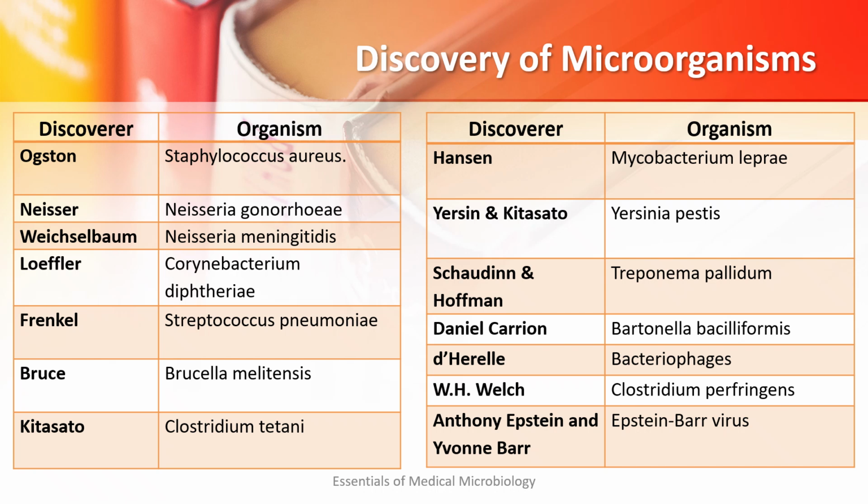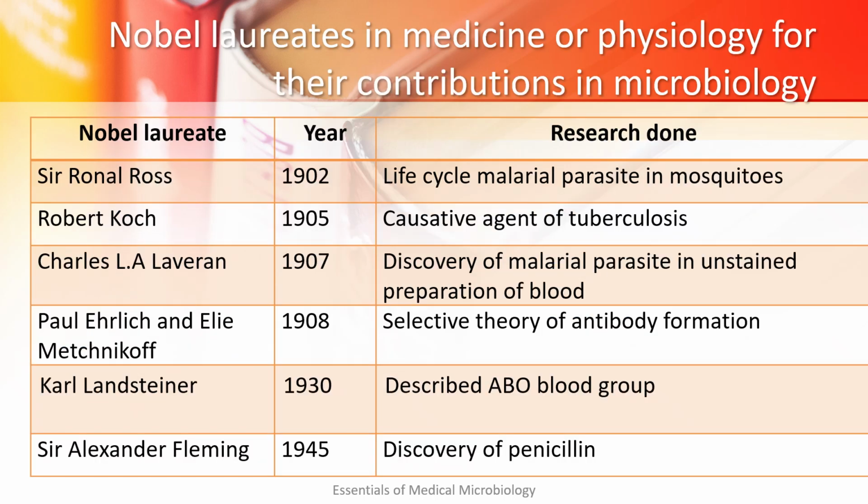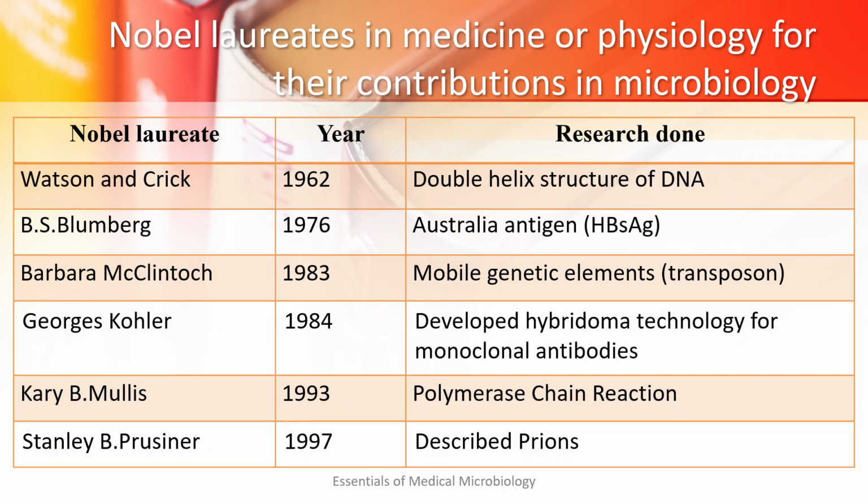You can go through these slides, or if you want, you can take a screenshot of this slide. Actually, this is not for your examination purpose, it is for your extra knowledge.